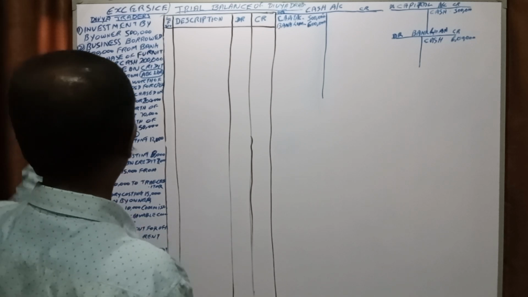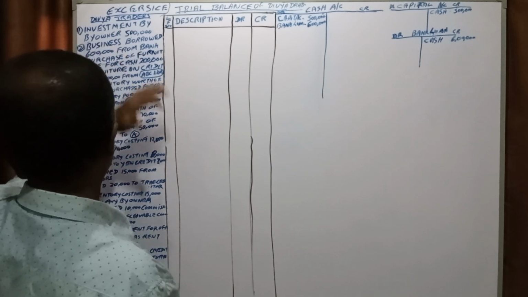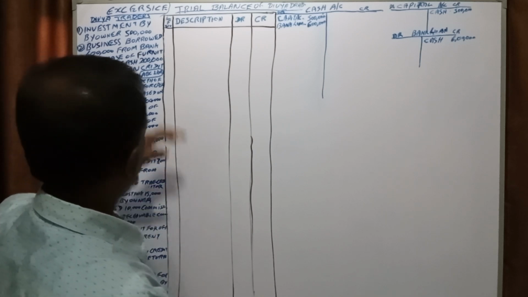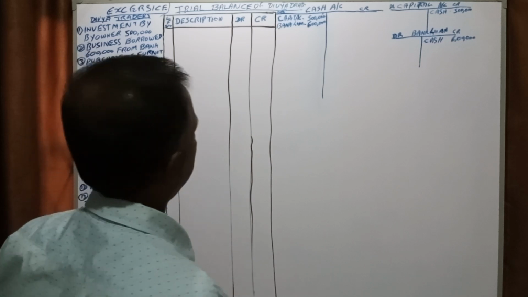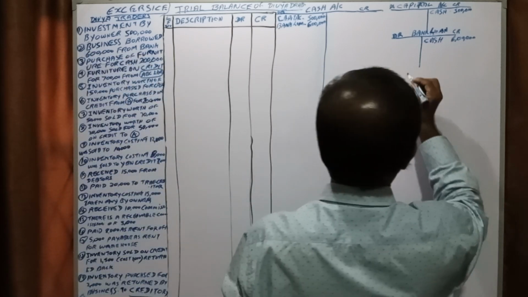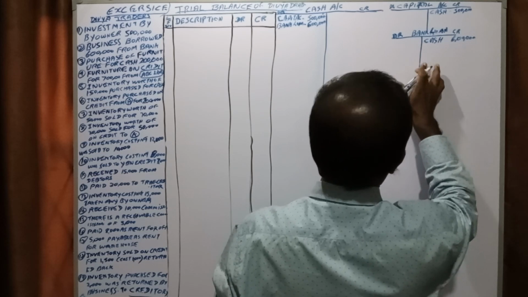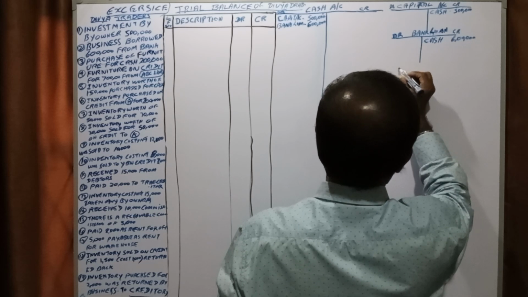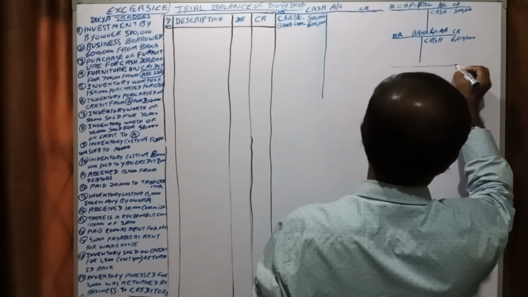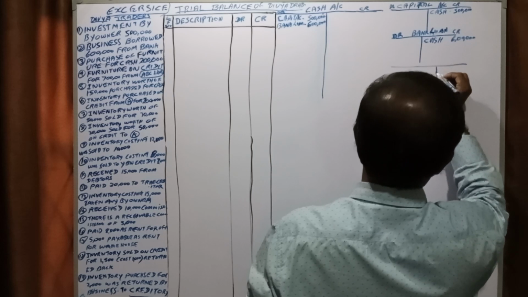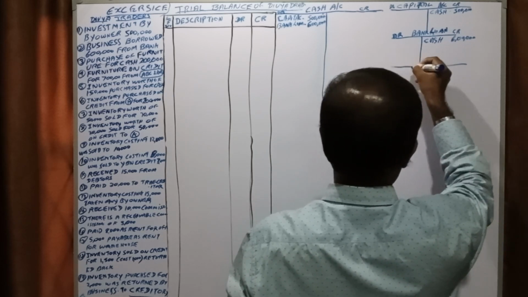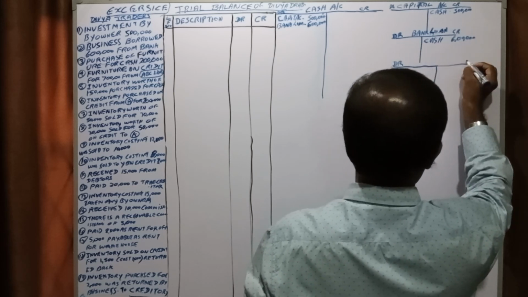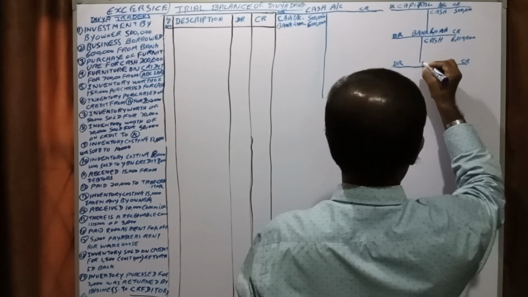The third one is purchase of furniture for cash. We have to open a furniture account. This side is debit and this side is CR. Furniture.